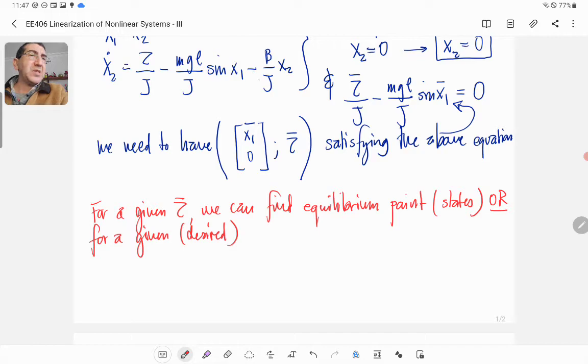In this case, you see, I always have a pair because the sine function is generating two solutions.